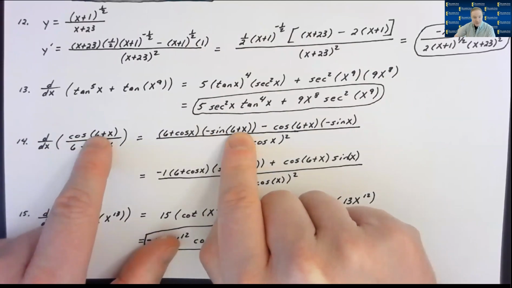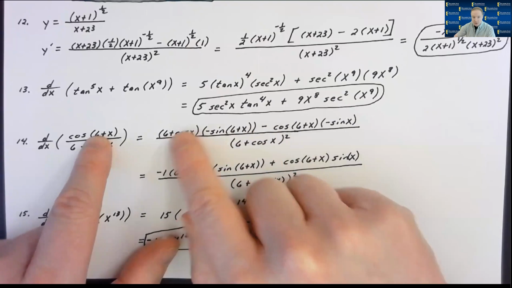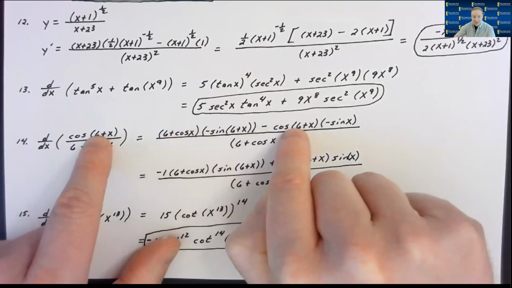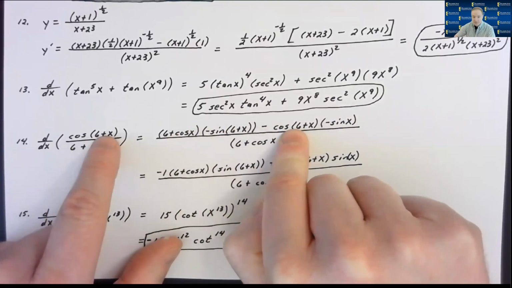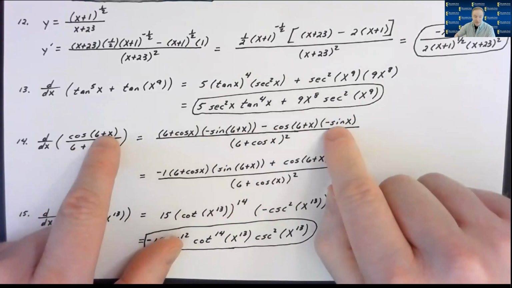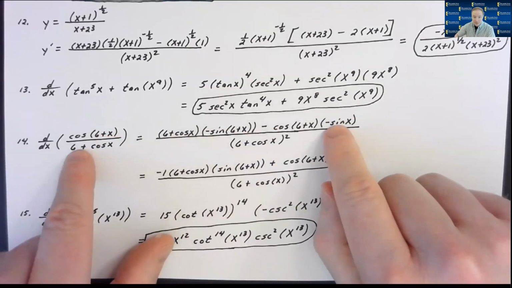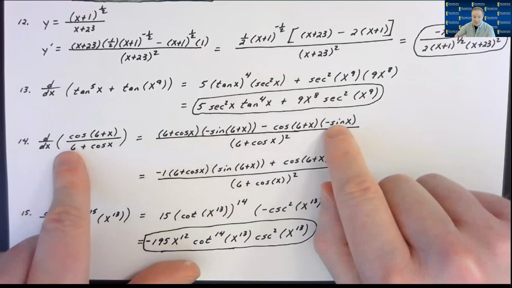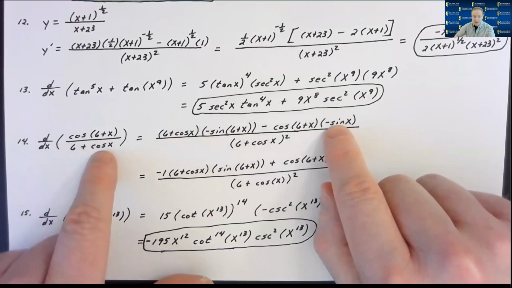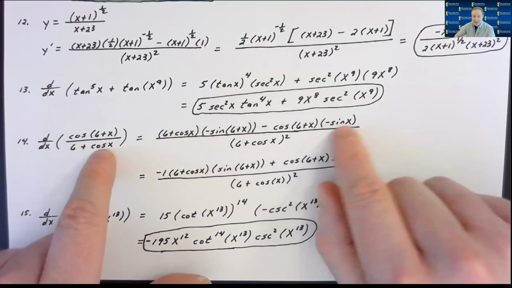Then you would say times the derivative of the angle, but that's just a 1, so nothing comes from that. So this is low d high, now minus the high function, the cosine of 6 plus x, times the derivative of the low function, the derivative of the denominator. Derivative of 6 is 0. Derivative of the cosine x is negative sine of x.